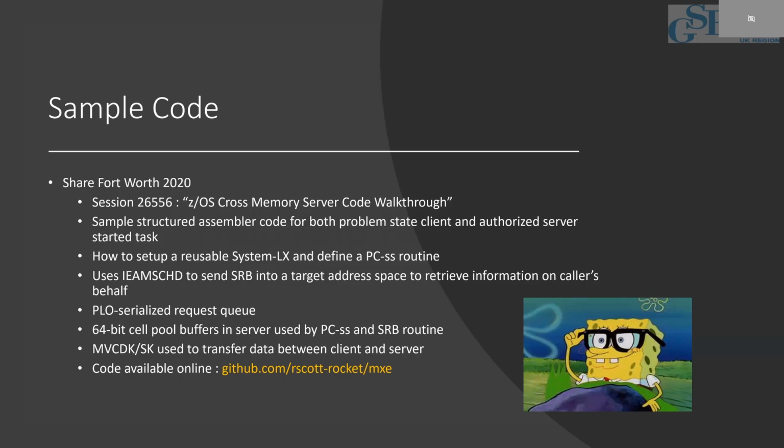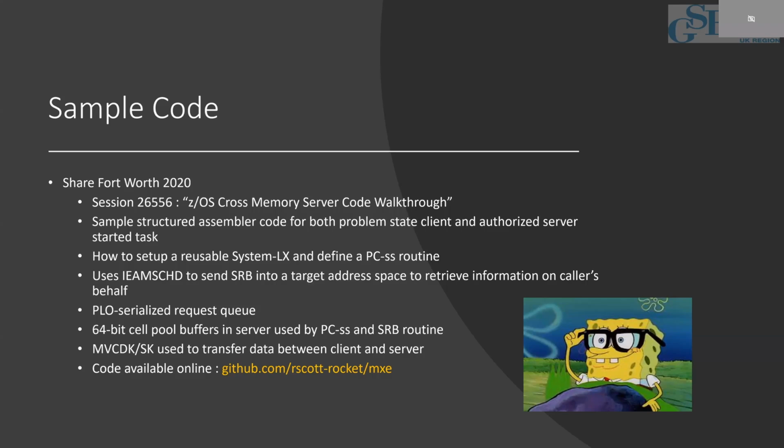If you look at all the IBM manuals, they have little code fragments, but no one has ever said, well, this is how you do it from soup to nuts. And I've seen many, many poor examples of authorized code in the public domain. So I wrote this to help people have a good starting point.